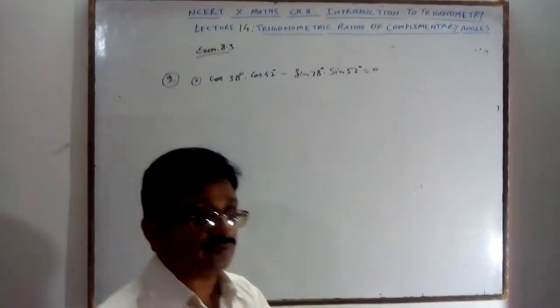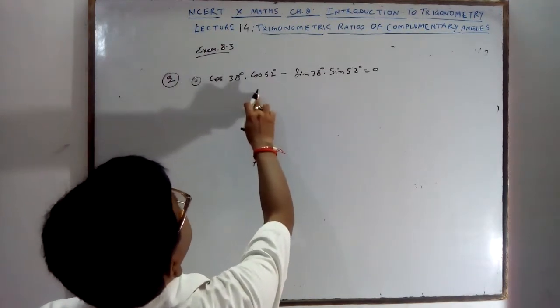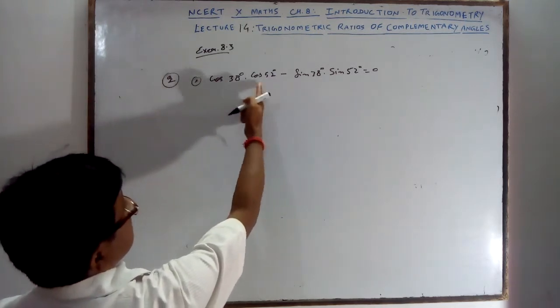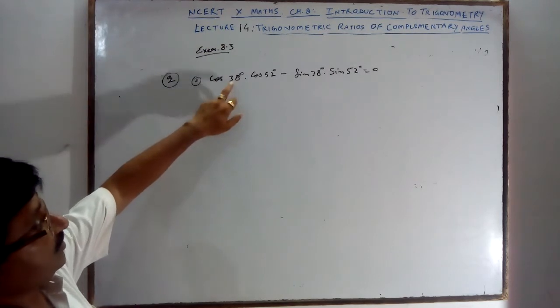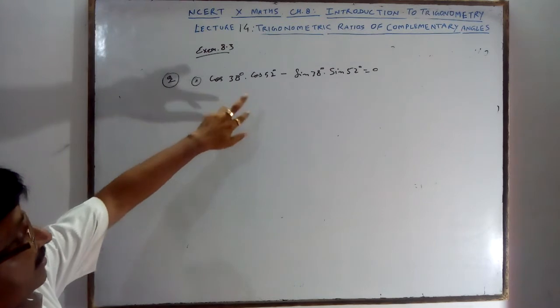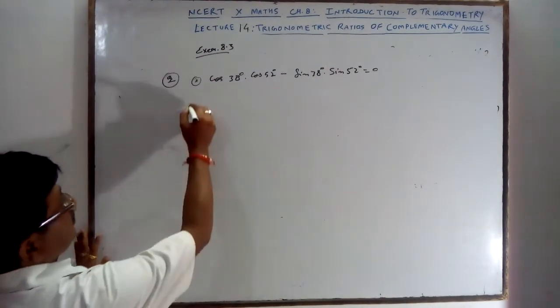You want to prove. Now cos 38 into cos 52, 38 plus 52 is what? 90. So anyone, 38 you change. Sin 38, sin 52. So LHS you write down.